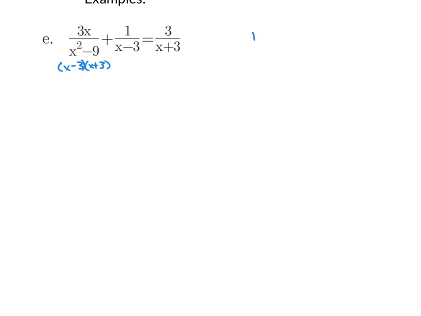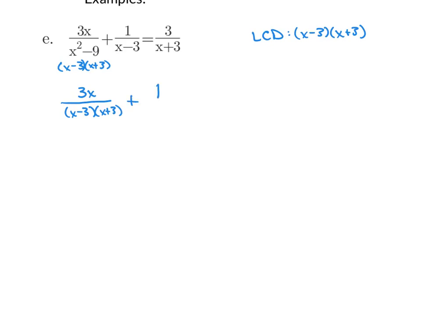So now what is our LCD? In terms of our denominators, we have denominators of x minus 3 and x plus 3. This covers everything. So let's go ahead and multiply by this. So our first fraction already has our denominator of x minus 3, x plus 3, so we can leave that one alone.